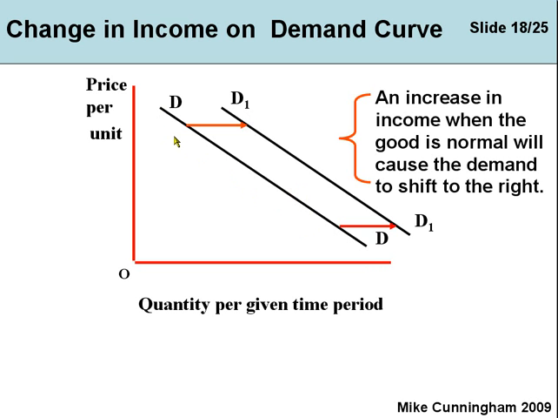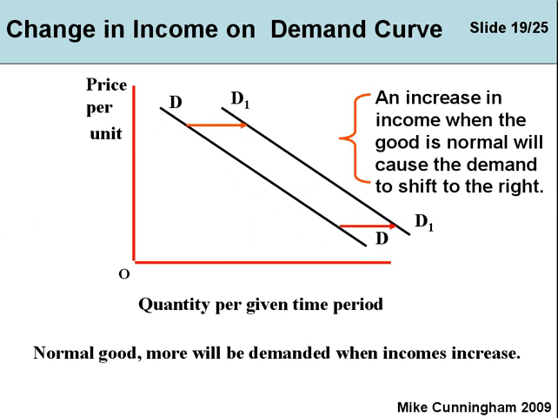Now, if income increases and the good is normal, then more will be purchased at the same price. So the demand curve has shifted outwards to D1. For normal goods, more will be demanded when income increases.